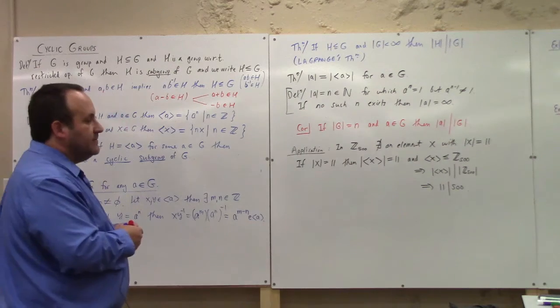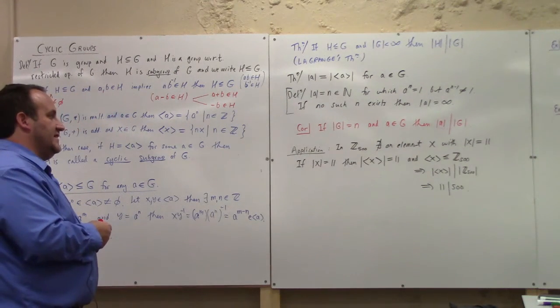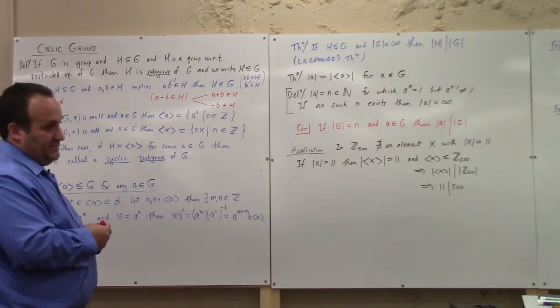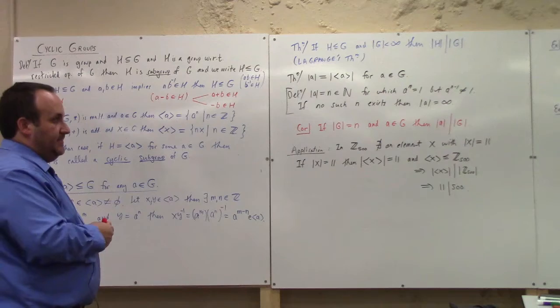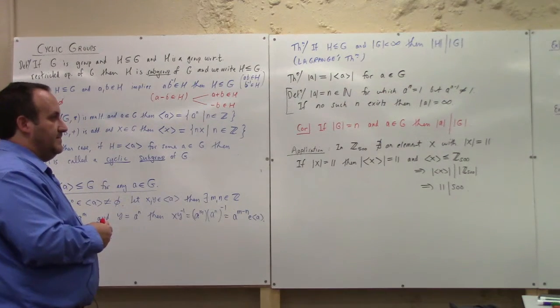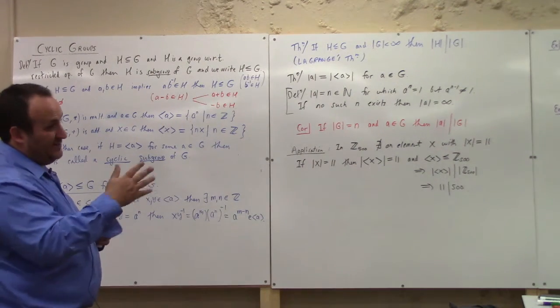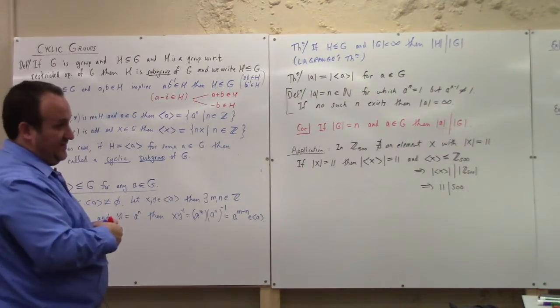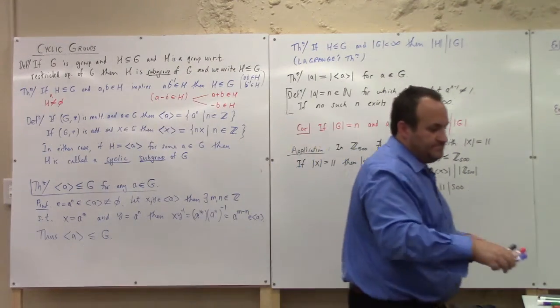On the other hand, if I asked you, does there exist an element of order 50 in Z500? Yeah, they divide. Then it seems like it's possible. Actually, we don't have the theorem in front of us yet that says it has to happen. But actually, there is.